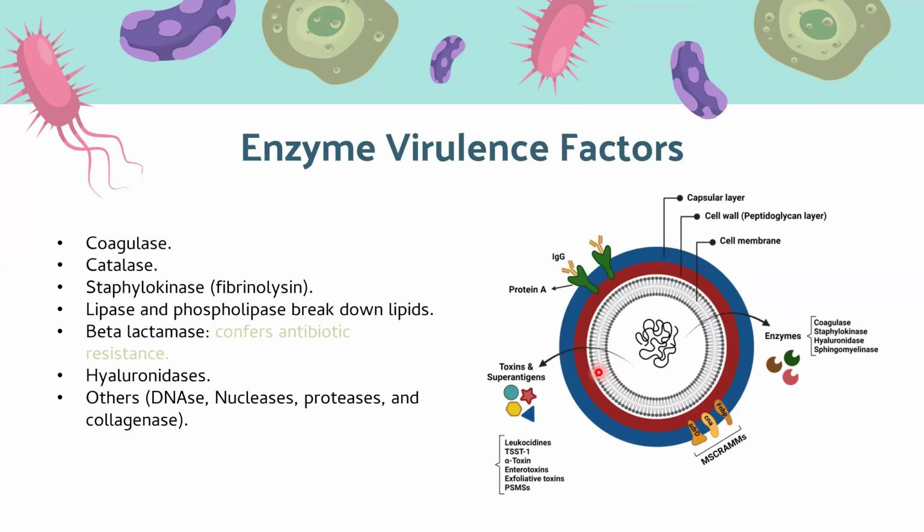And this beta-lactamase that it has is very, very important because it facilitates a huge spectrum of antibiotic resistance. Have you guys heard of methicillin-resistant Staph aureus, MRSA? MRSA is resistant to all types of antibiotics except vancomycin, and it's very, very difficult to treat. Okay? All right. Do you guys have any questions about Staph aureus?